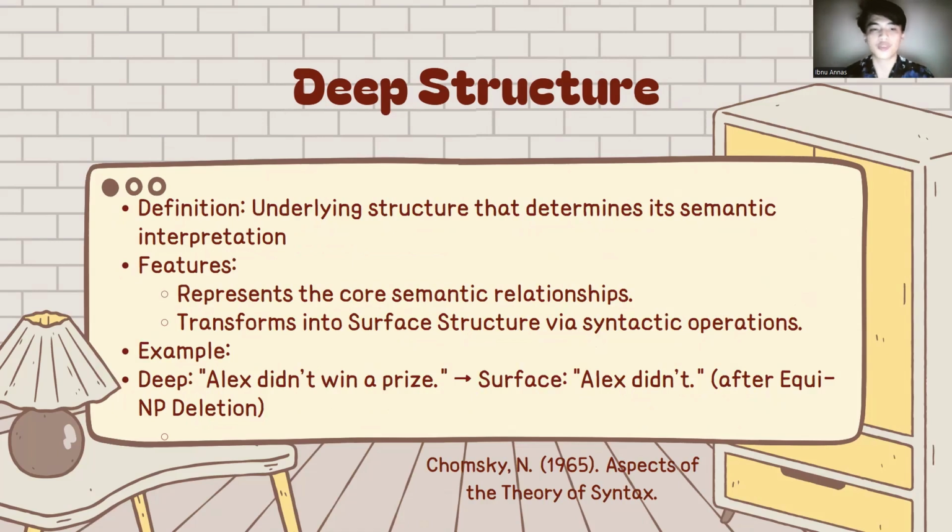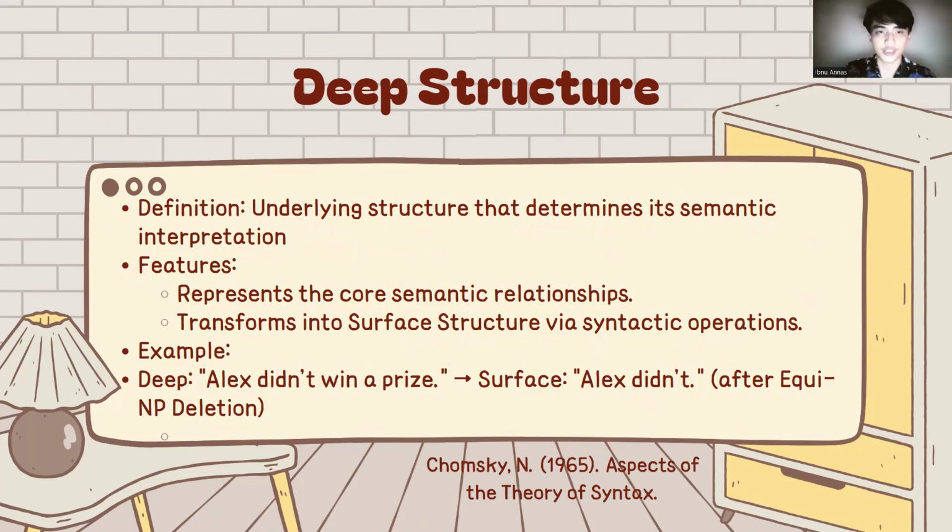Next one is deep structure. Let's go to the example. Alex didn't win a prize. But if we change the sentence Alex didn't win a prize into a surface structure, it could be Alex didn't win. Just like that. The deep structure includes the full meaning, without any shortening of the formation.